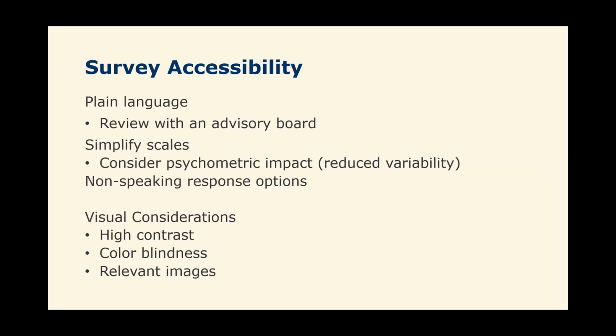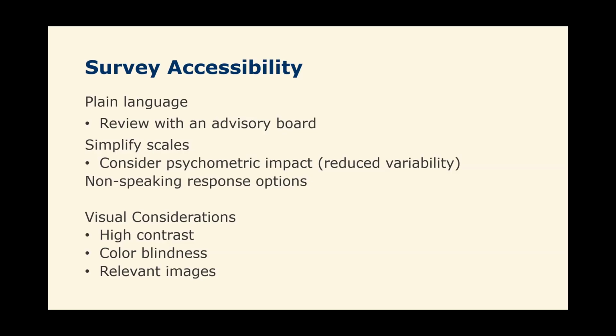And another thing that we think about often with accessibility is visual considerations. A few key elements that we included here in our survey were high contrast. So when someone is looking at our survey on a phone or on a tablet, we often use tablets in this scenario, is the contrast high enough that individuals with visual impairments can read the text?